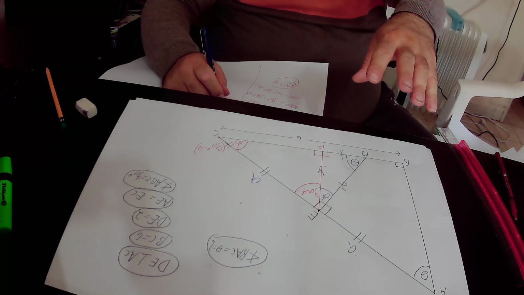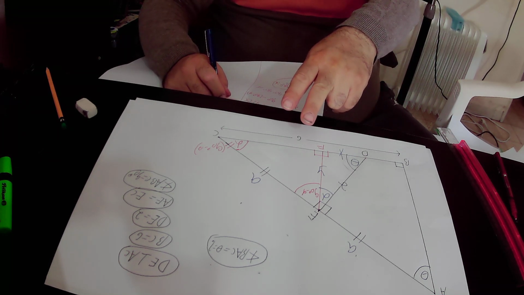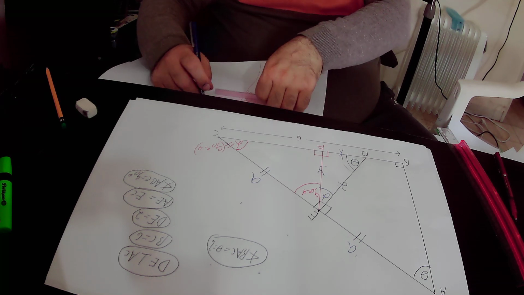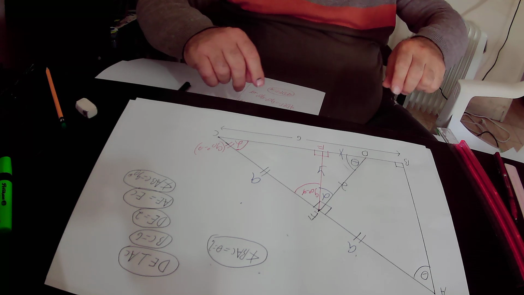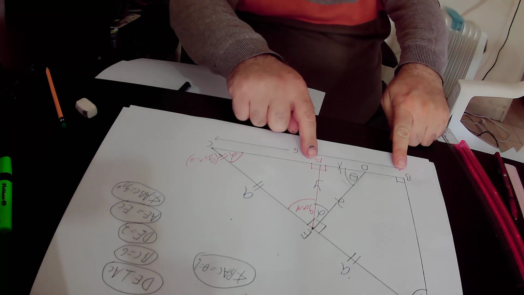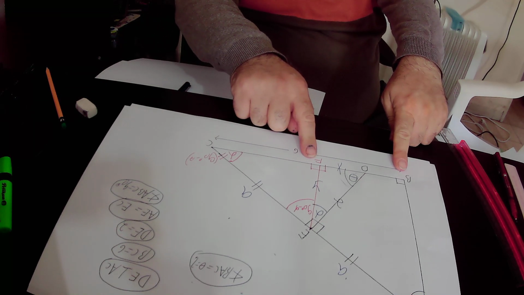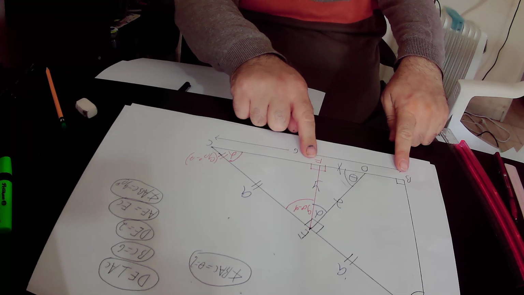So why is triangle ABC similar to triangle EFC? First of all, those two angles are both equal to 90 degrees, therefore they are equal to each other.